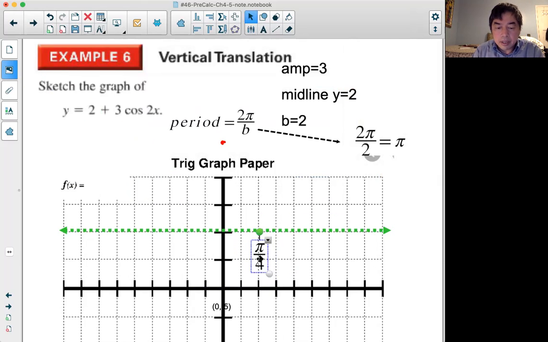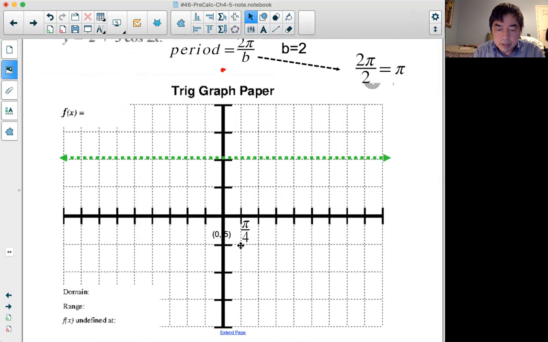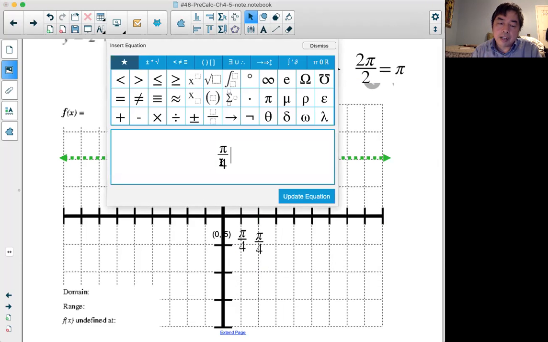The second number is 2 pi over 4, which is half pi, right? So this is going to be half there.